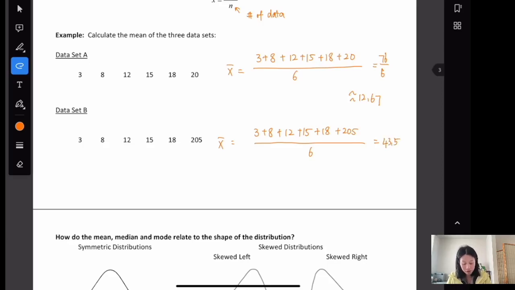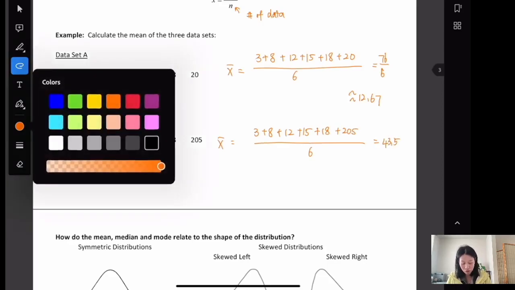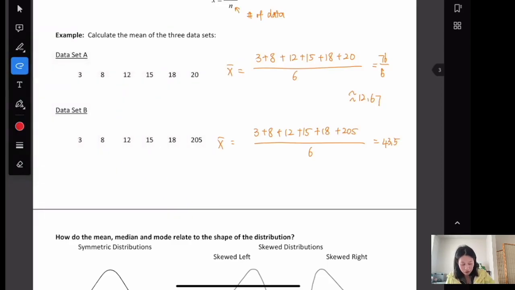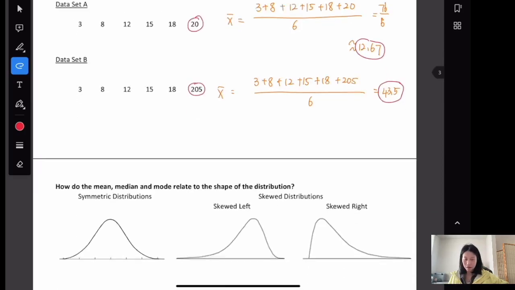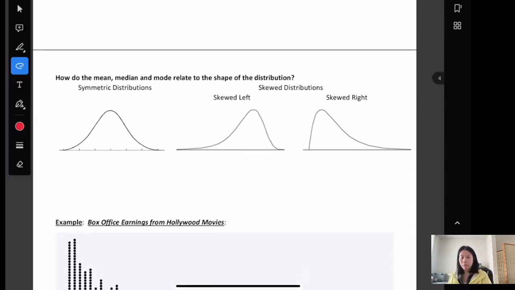You might notice that we are just replacing the 20 with 205, and then the average increases dramatically.